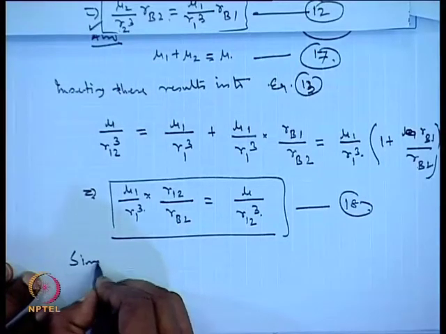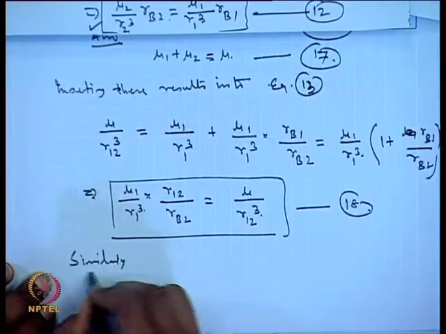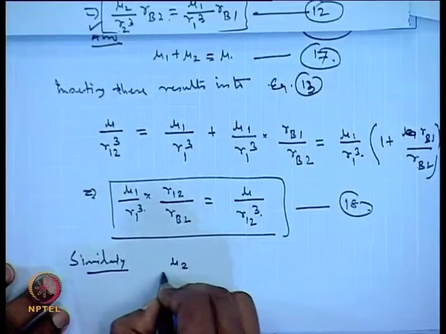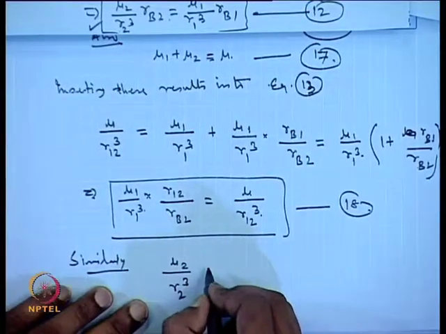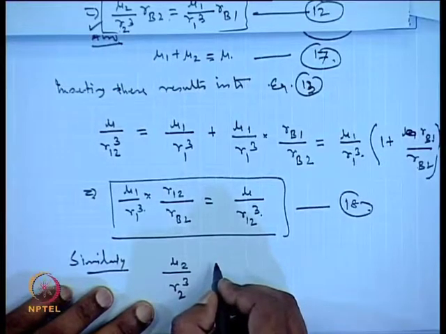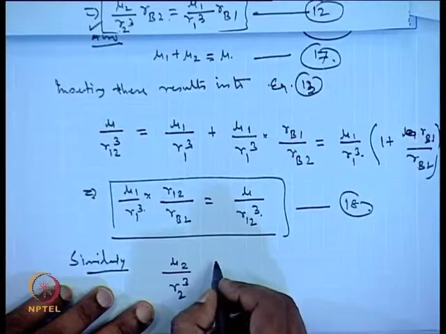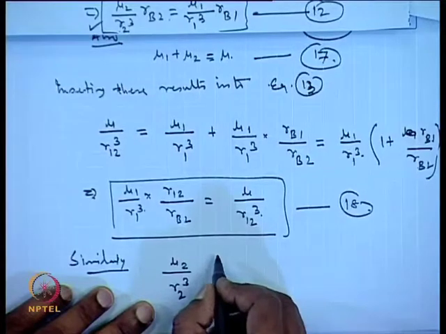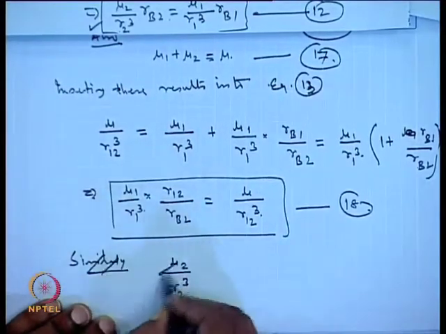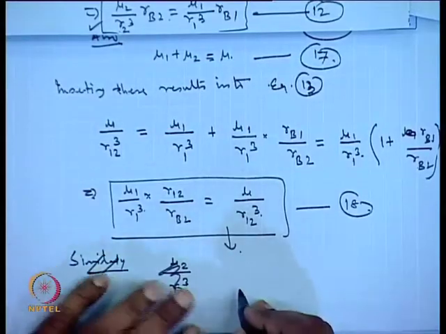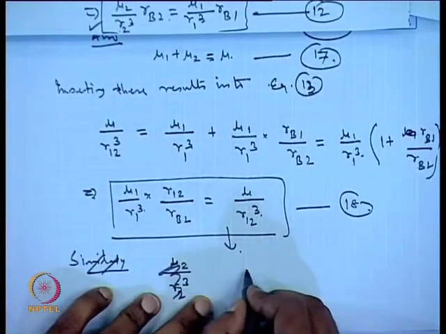Now, similarly, for mu 2 by r 2 cube, we will do a little more expansion, we will write it a little more properly.